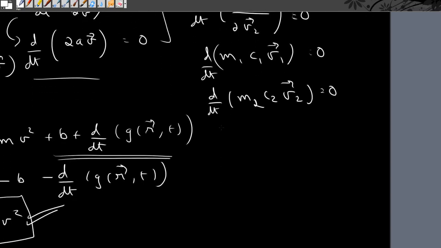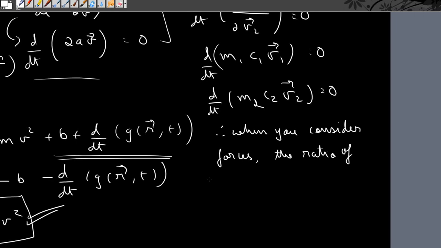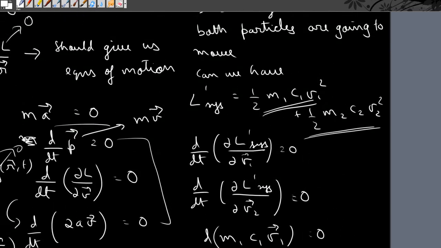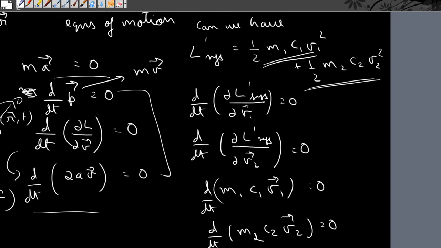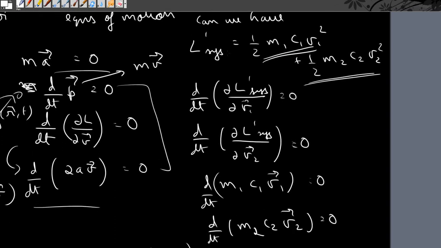Therefore, this implies that we cannot simply arbitrarily choose any constants C1 and C2 to get the Lagrangian for the entire system.